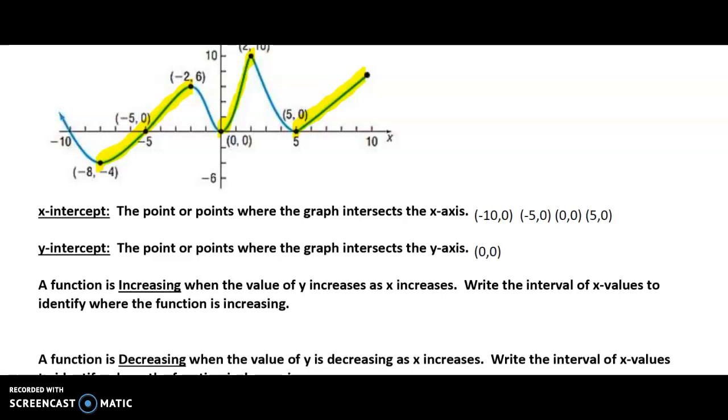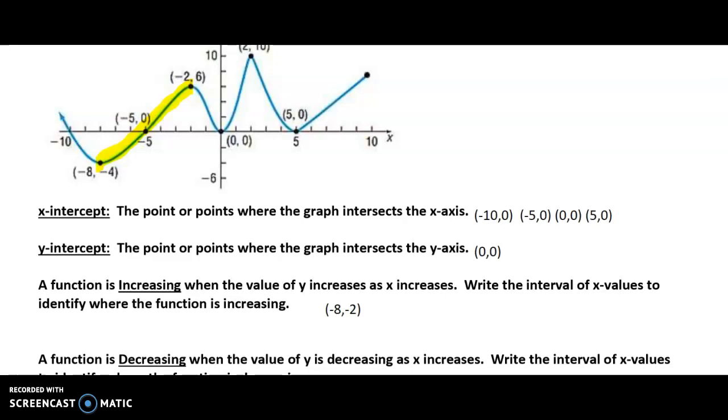This is where, again, the function is increasing. So now, the way we write where the function is increasing, again, is using interval notation. So over what x values do these functions increase? So the first interval for that first section of the graph where the function is increasing is (-8, -2) in parentheses.